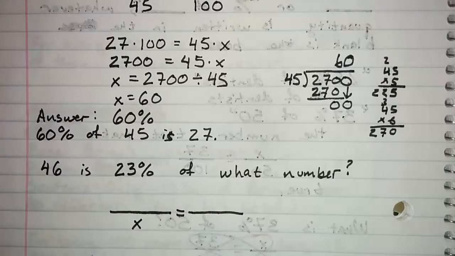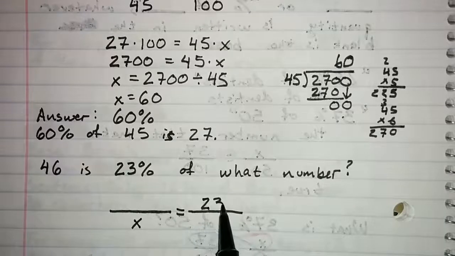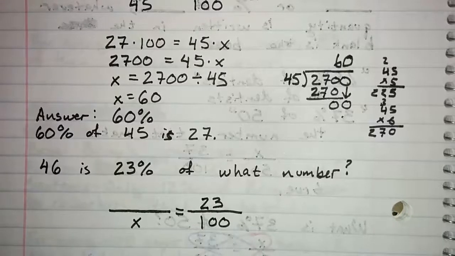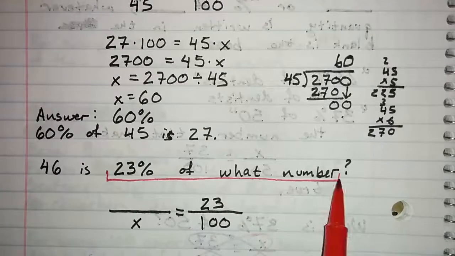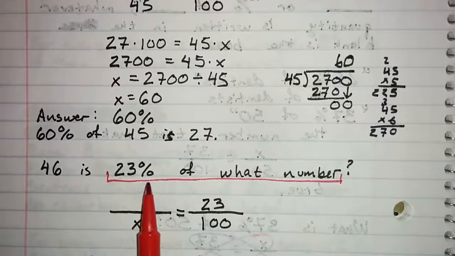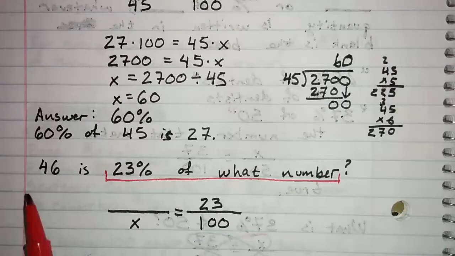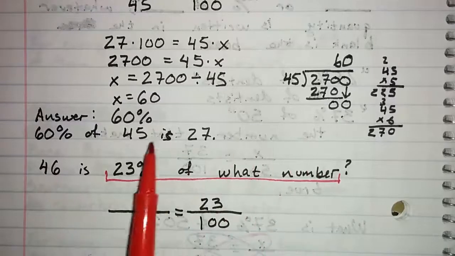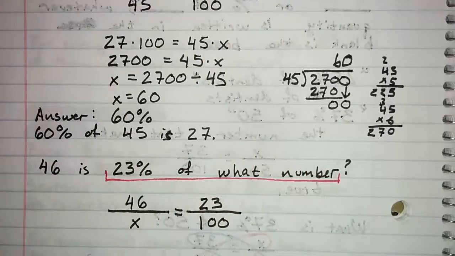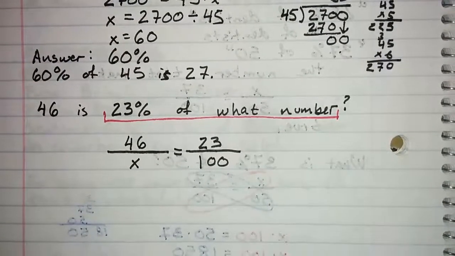That's just what it is. 23%, that's 23 out of every 100. And this whole phrase, 23% of what number? That describes the portion. Does the sentence tell me what this quantity is? Oh yeah, it's right there. 46 is the portion.